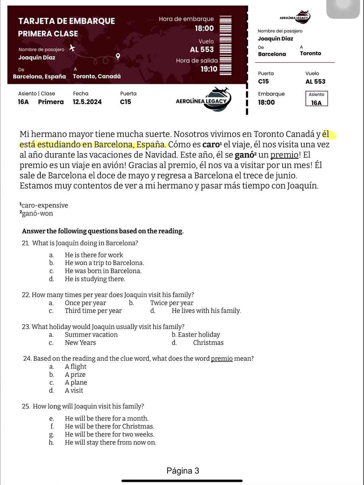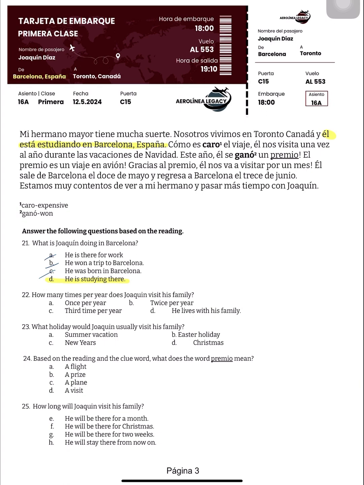By now, we should know that estudiando is to study. So, our only possible answer is going to be that he is studying there. Because he didn't win anything to Barcelona. He is coming from there. And something that would have also given us that is right here. De Barcelona. He is departing from there.